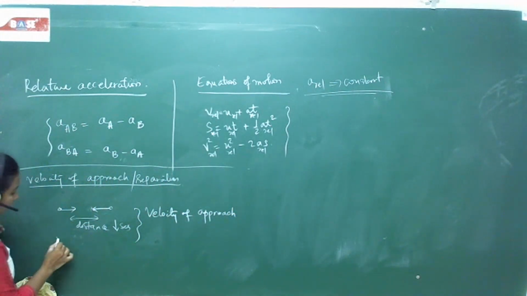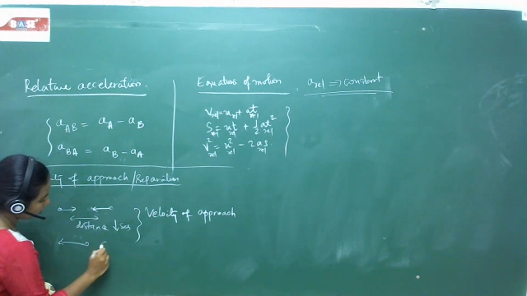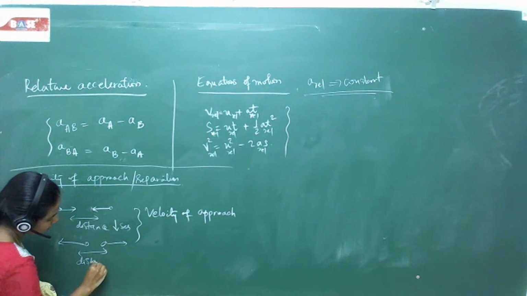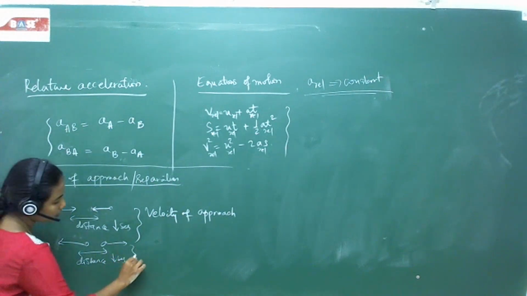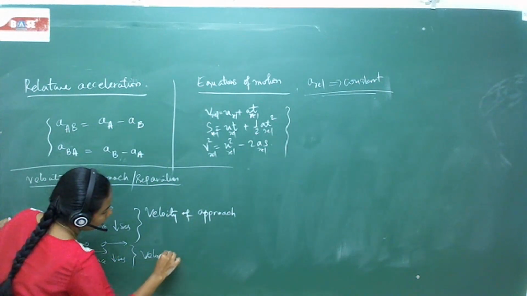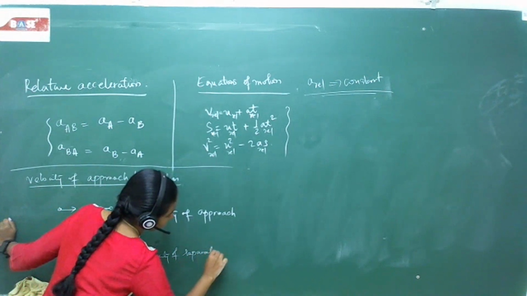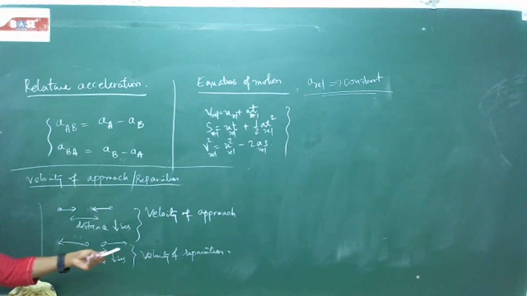Similarly, if these two bodies are moving away, the distance increases. So this we call velocity of separation. These two things you have to remember. For this we are naming it: one is velocity of approach and the other is velocity of separation.